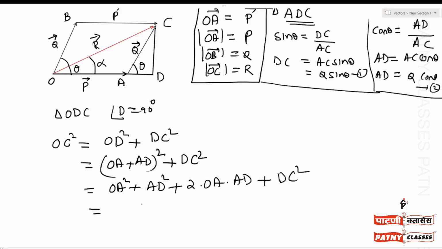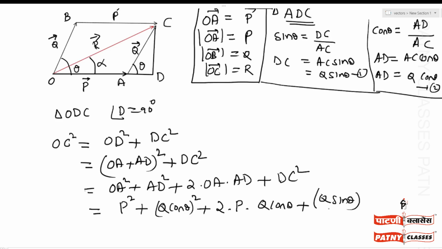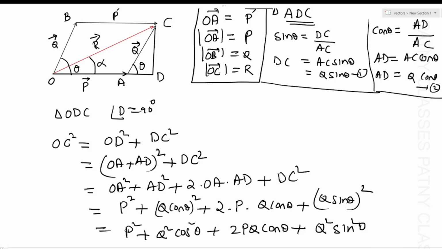OA is nothing but the magnitude of vector P, that is P square, and AD is nothing but Q cos theta from equation number 2. And 2 OA AD is 2 P Q cos theta, and DC is nothing but Q sin theta, and again it is squared. So I get P square plus Q square cos square theta plus 2PQ cos theta plus Q square sin square theta.